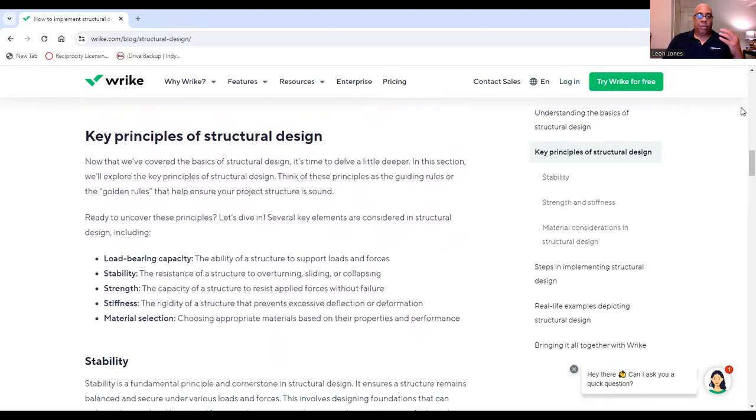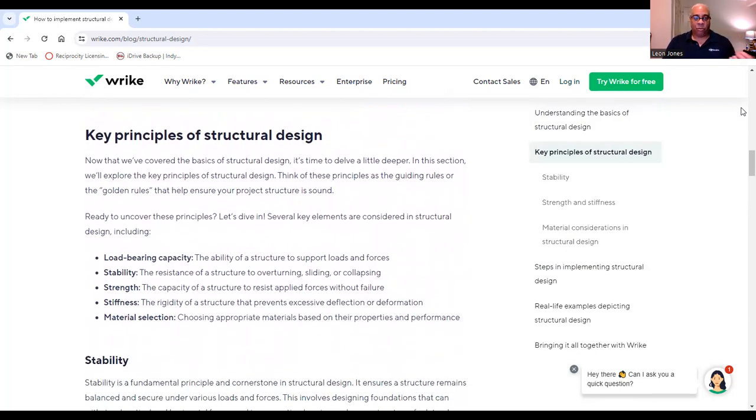So the key components of structural design, because I've already given you the basics. Now I am going to go into the subject a little deeper, because in this section of the lecture, I'm going to explore key principles in construction design.